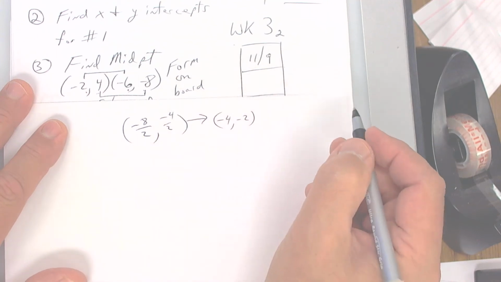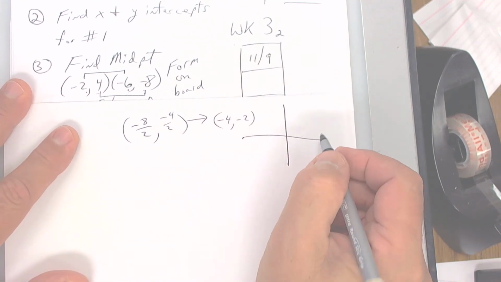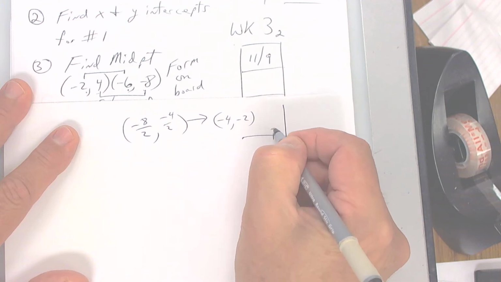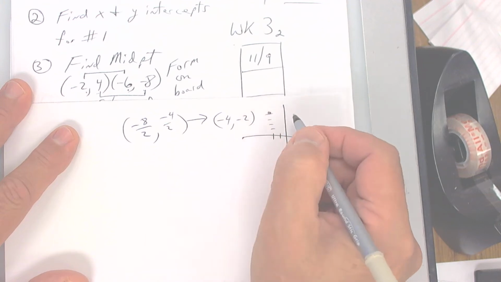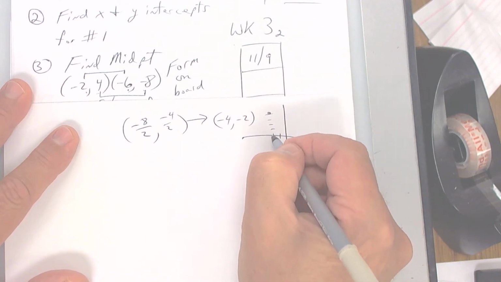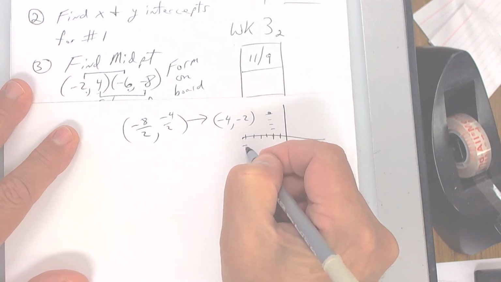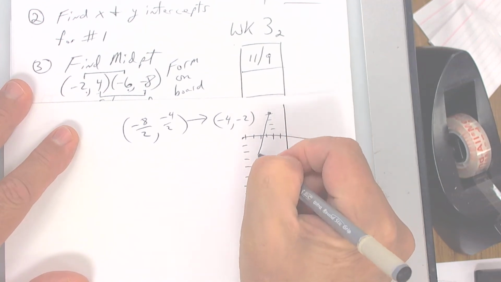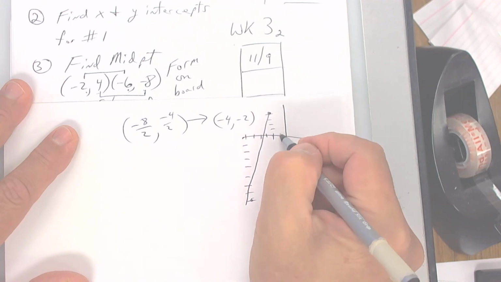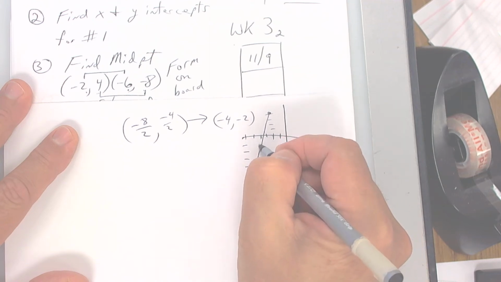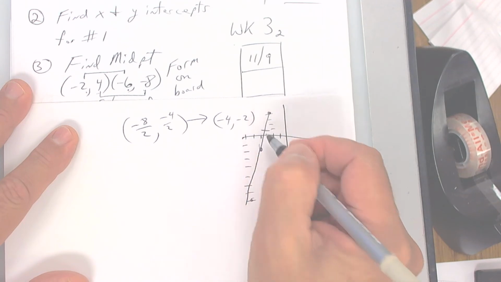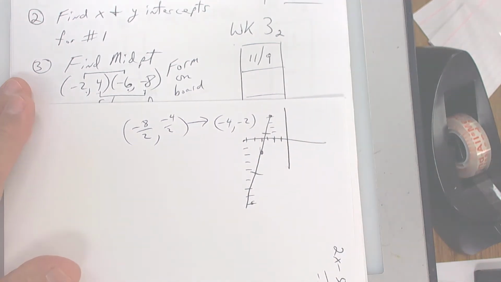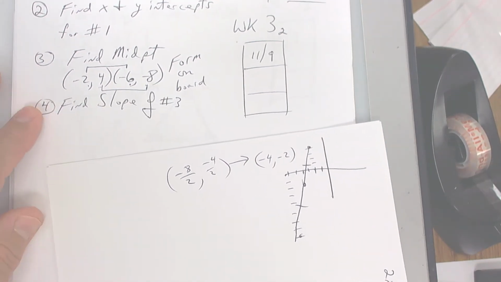If you want to check it, graph it. If you graph it, you're going to go over 2, up 4, 1, 2, 3, 4, put a dot. Negative 6, 1, 2, 3, 4, 5, 6, 1, 2, 3, 4, 5, 6, 7, 8. The midpoint here is negative 4, 1, 2, 3, 4, and then down 2. Pretty close. Okay, my graph is not graph paper, but pretty good.